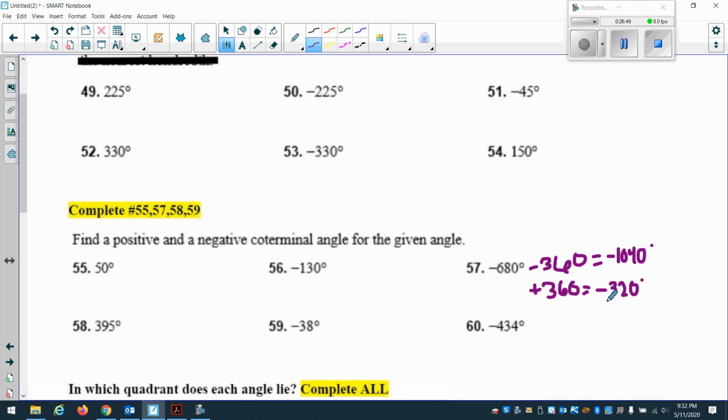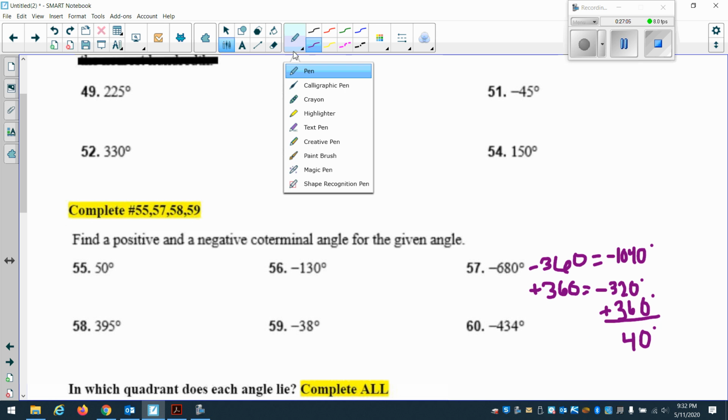Okay, so that's also a negative coterminal angle. So in order to find positive, I would just add 360 one more time to find a positive coterminal angle of 40.